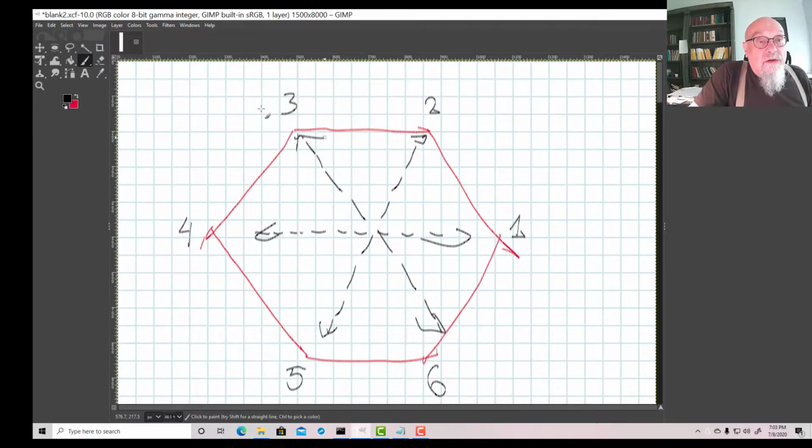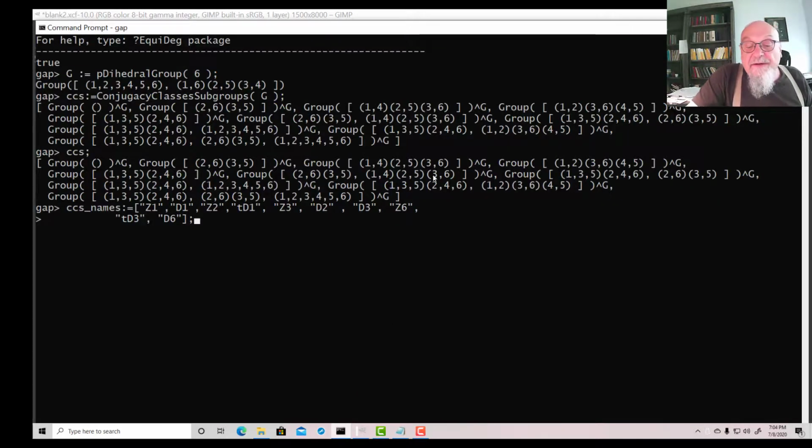And then next one, you can see there is another one. This one we talked about before, so oh yeah, this is 4, 5, 3, 6. That is the D1 tilde. So this is D1 tilde. Yes, it is D1 tilde. Then you have here, for example, Z6 is the rotation of 6 elements.